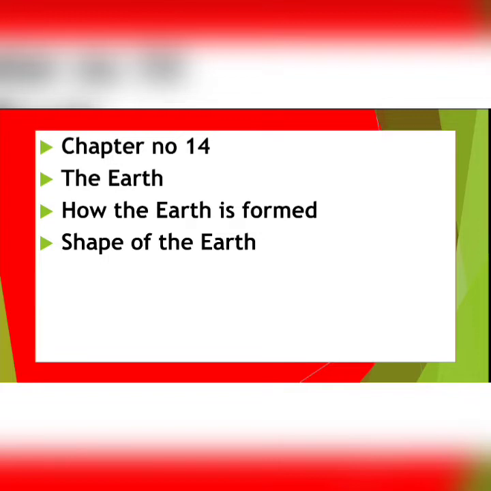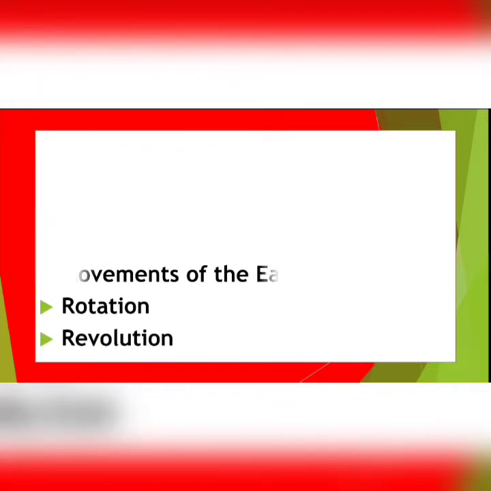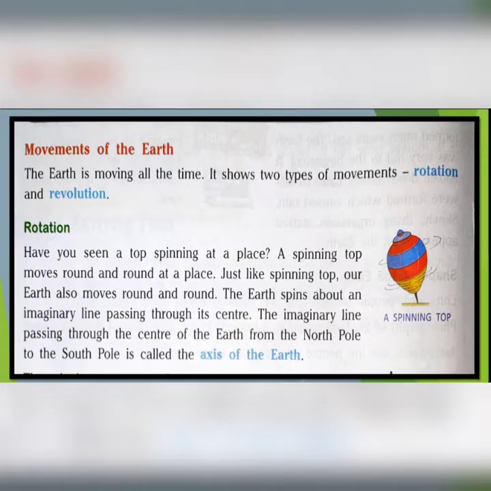Today we will discuss the remaining topics of this chapter, which are movements of the Earth. There we will discuss rotation and revolution of our Earth. So let's start the class with movements of the Earth.